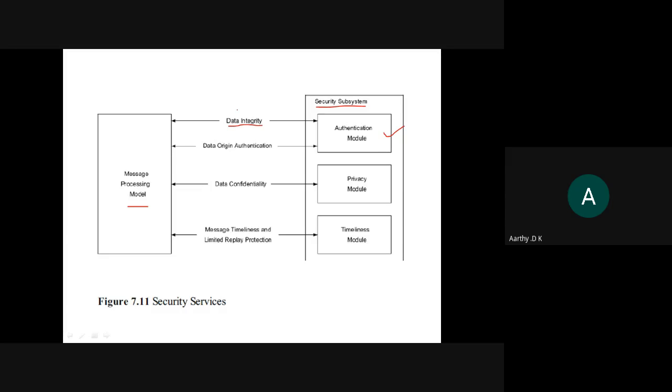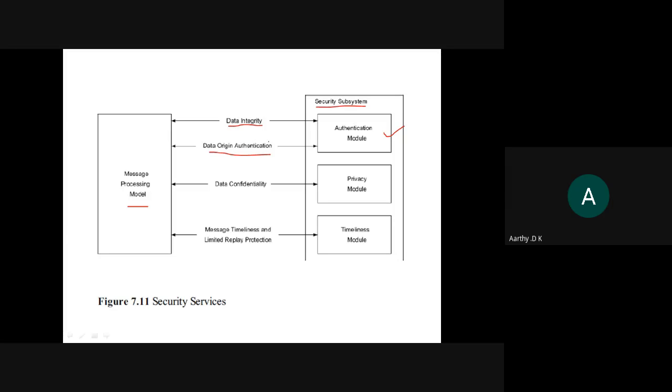So the authentication module does your data integrity, that is, it checks your data, and it also checks the authentication of the origin of the message. I told you that your SNMP contains two engines, right? What this authentication engine does is append a unique ID that is associated with every device. Whenever you send some data, it will have this unique ID appended to the data.